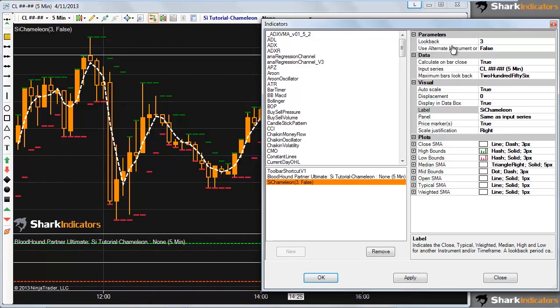On the indicator interface, it has the close, high, low, median, mid, open, typical, and weighted prices. You'll also notice there's a designation after them: SMA, which stands for simple moving average, and the high bounds and low bounds.